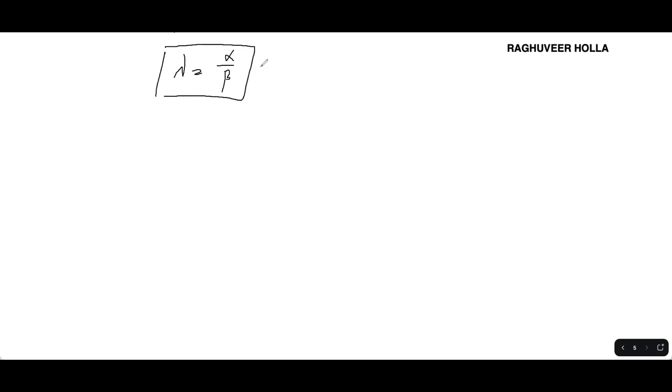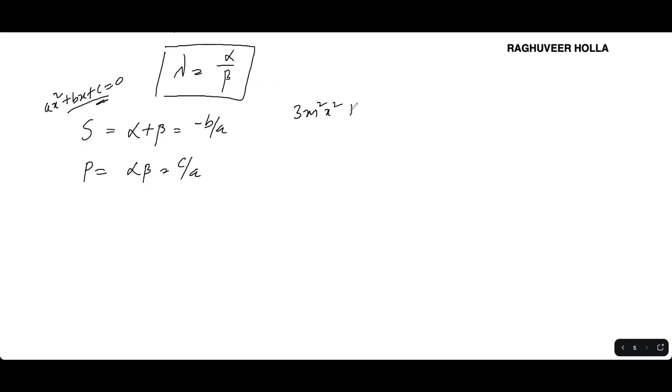Now as we know, the sum of the roots alpha plus beta is equal to minus b by a, which is the formula, and the product alpha into beta is c by a. Please remember this, for the general equation ax square plus bx plus c is equal to 0, right? Now we are given 3m square x square plus m into (m minus 4) into x plus 2 is equal to 0.